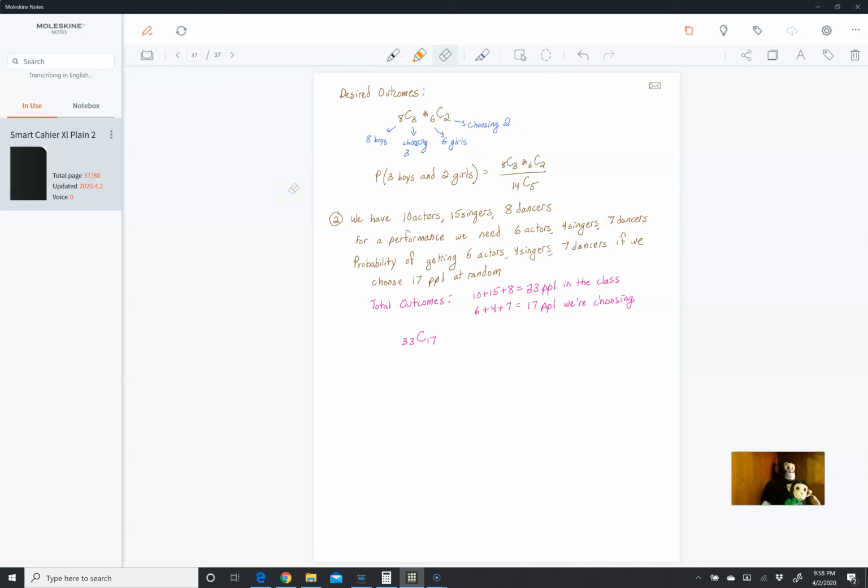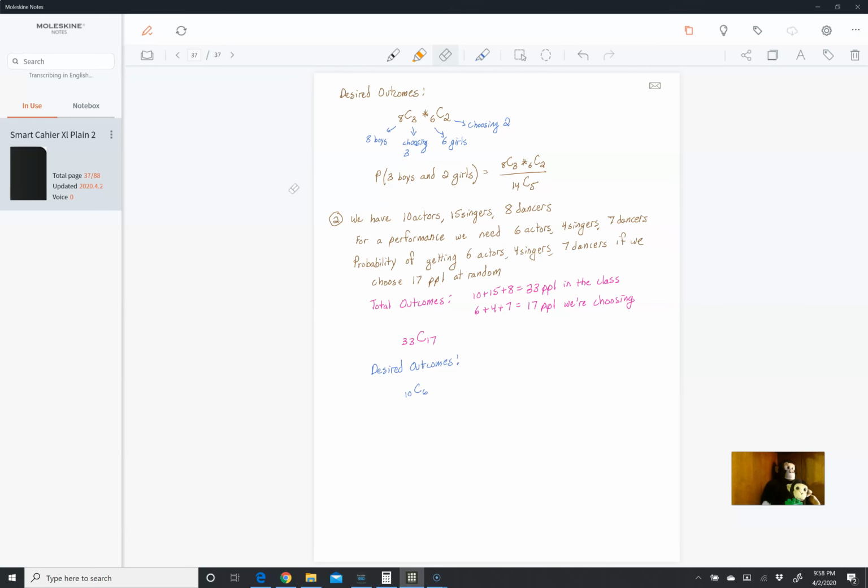Desired outcomes. So in the desired outcomes, we're putting the actors, the singers, and the dancers all in separate rooms. And then we're going to the actors' room and we're choosing 6 out of the 10.